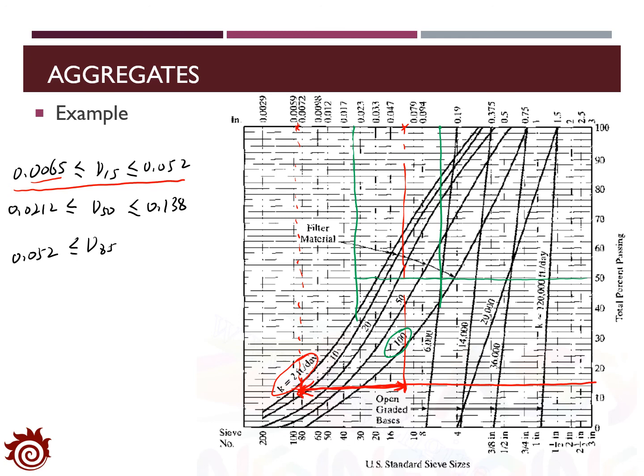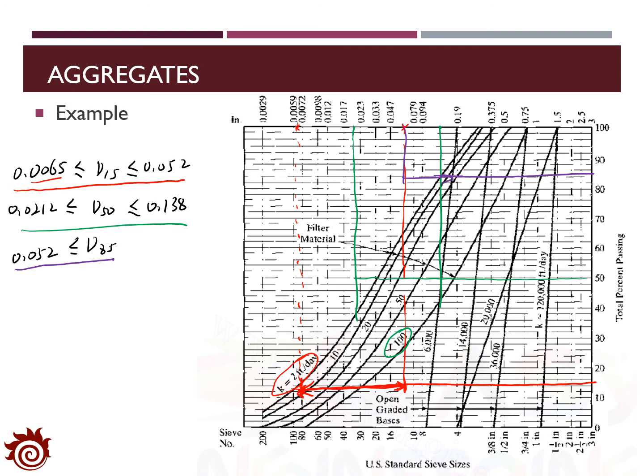And at the last, we will have the D85, which will be some points here. And D85 should be higher than 0.52. So 0.52 is a line here.